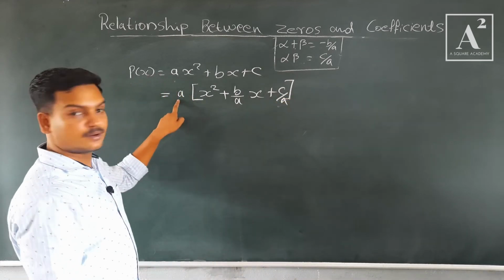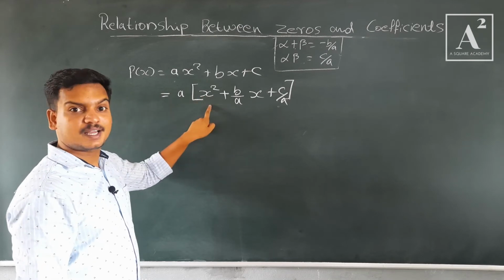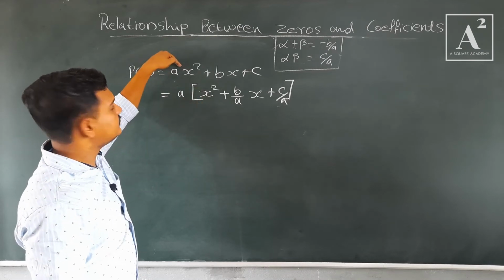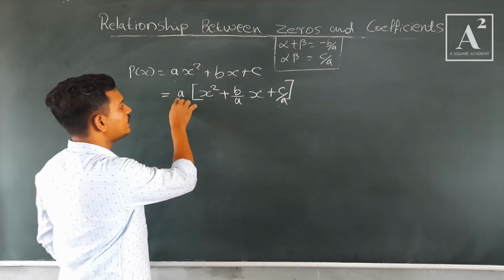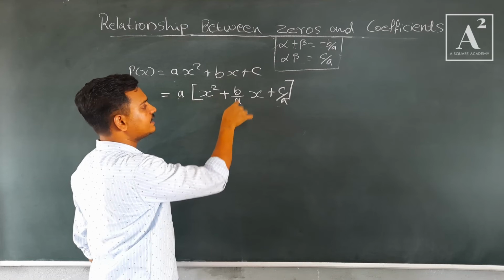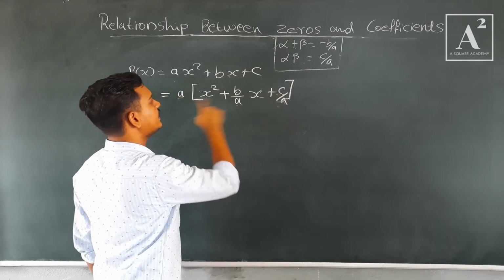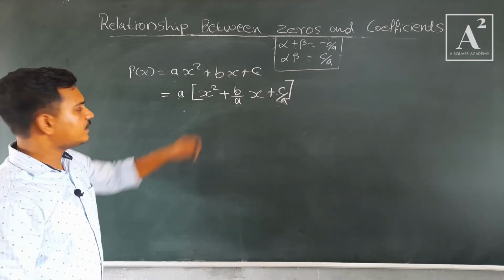Look, is it correct or not? How can you identify? While you are opening this bracket, you must get this expression back, right. So look, a into x square, a into b by a gets cancelled and you will get bx, right. A into c by a gets cancelled, you will get c. Okay, we got it.